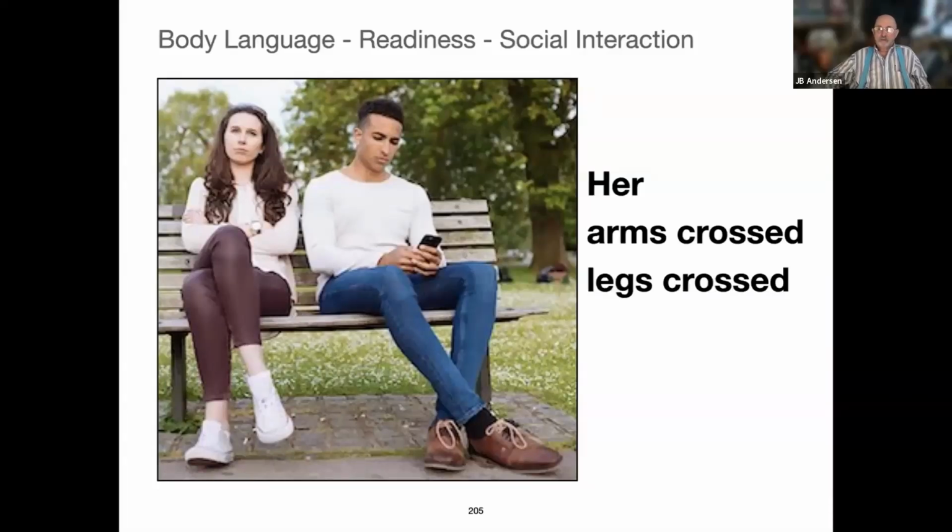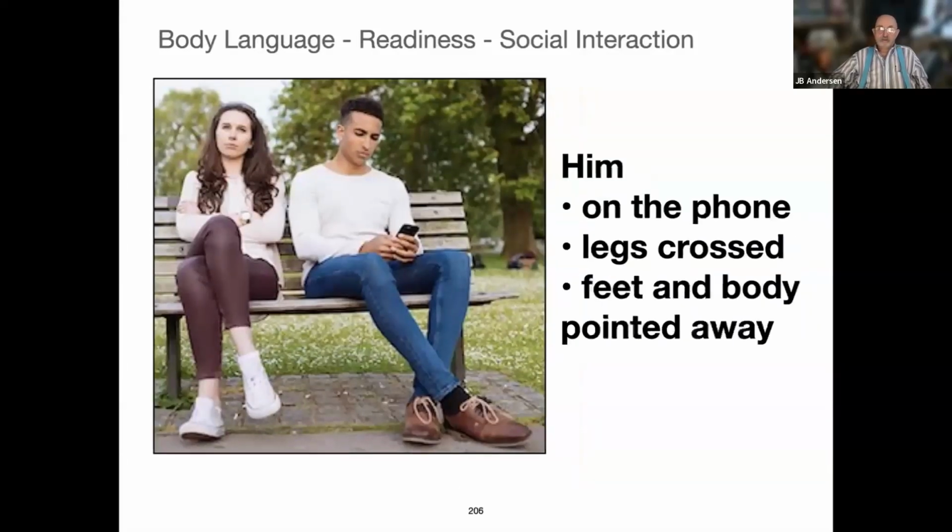Then look at him. He's on the phone. He's not paying attention to her. His legs are crossed, and his body is pointed away from her. His feet are pointed away from her, and her feet are pointed away from him. These are two people that are not interacting or not interested in interacting.